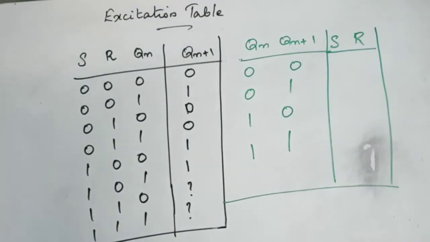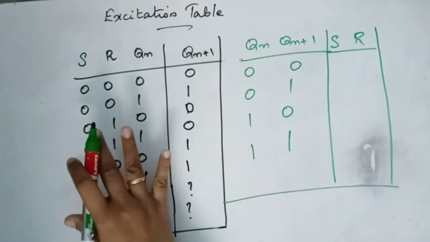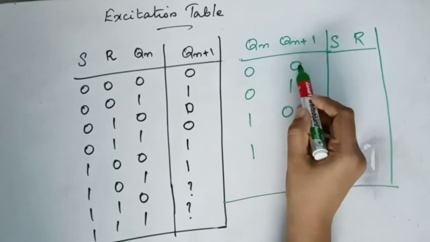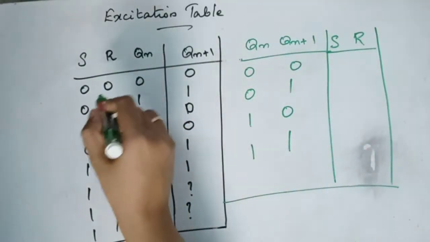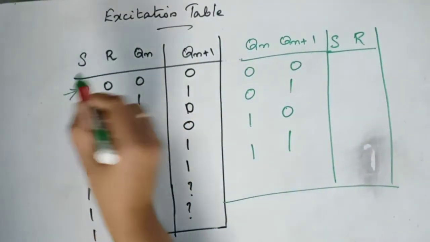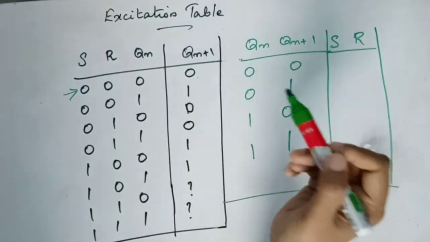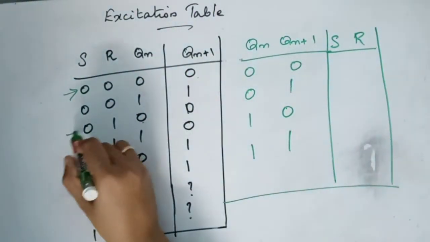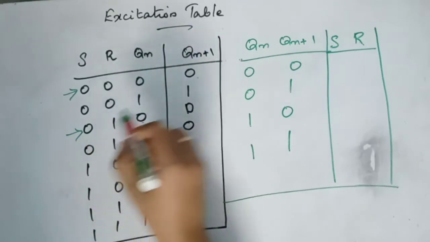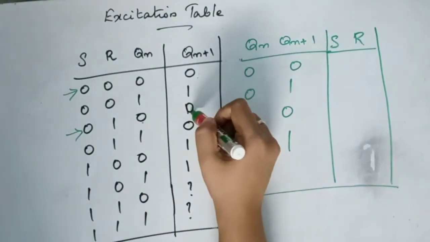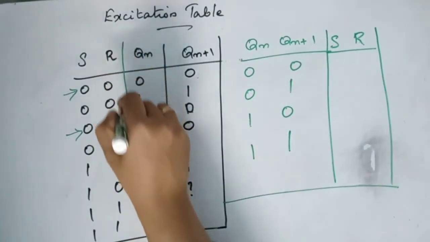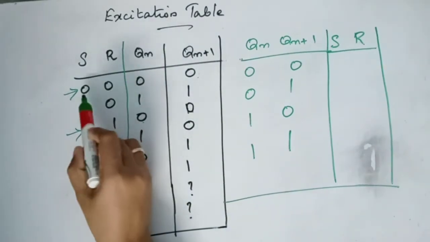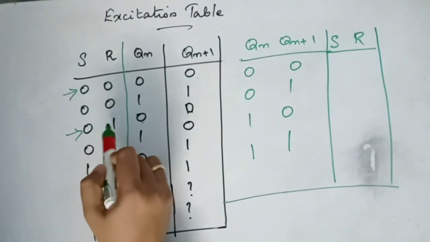If we look at this particular table, for Qn 0 and Qn plus 1 0, that combination we have to check. So it's Qn 0, Qn plus 1 0, then we have these two combinations. Check the SR: S0 R0 and S0 R1.